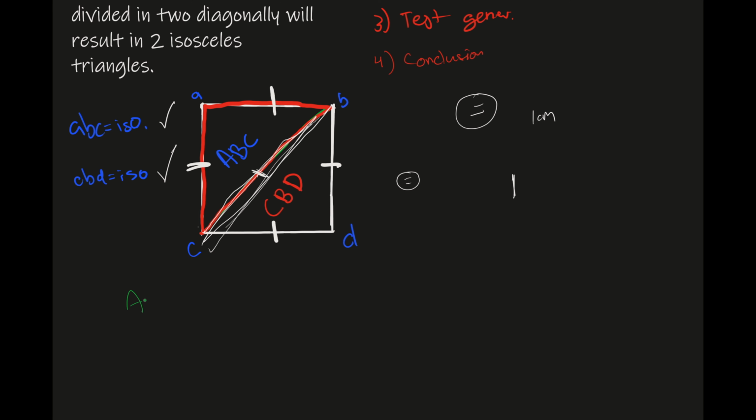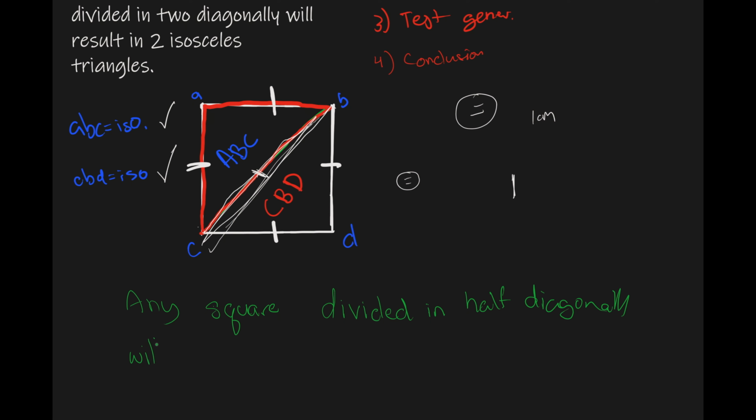Any square divided in half diagonally will result in two isosceles triangles. I know this might seem like it's taking a while, but let's go with it.